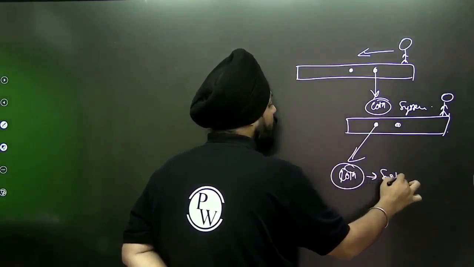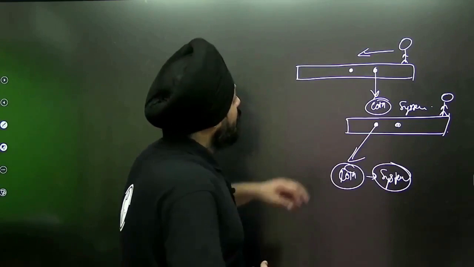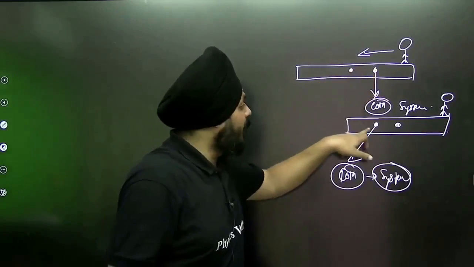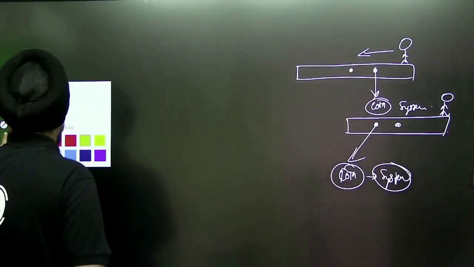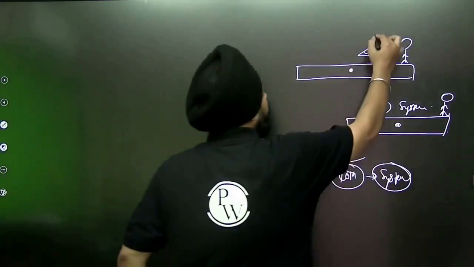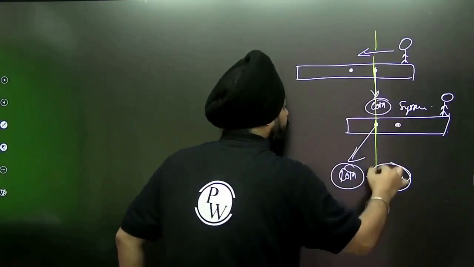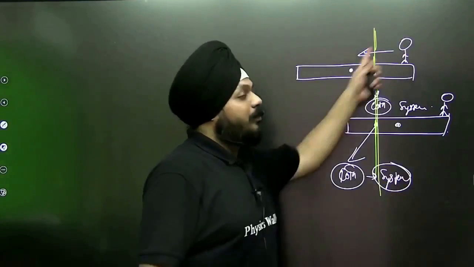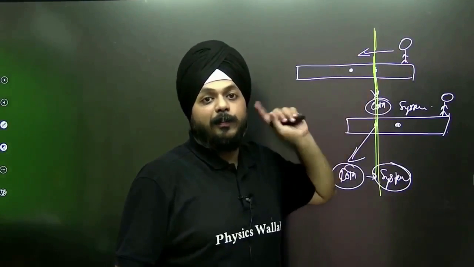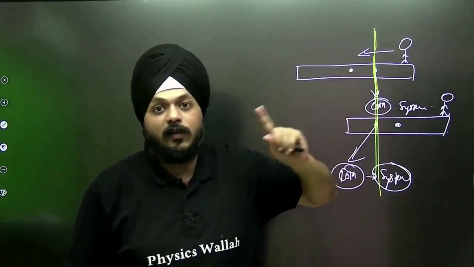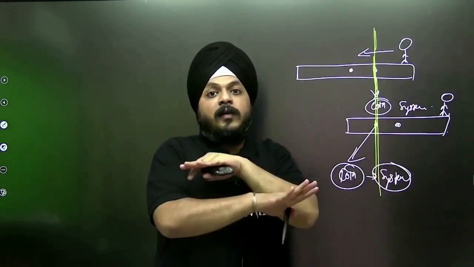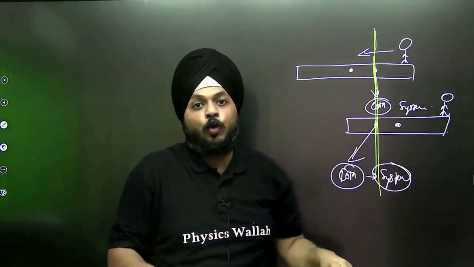You can just check it out. The initial position of the center of mass of the system and the final position of the center of mass of the system are the same. It is lying on the same line. Why? The person who is running on the plank is not applying an external force. I'm talking about the entire system, external force is 0.